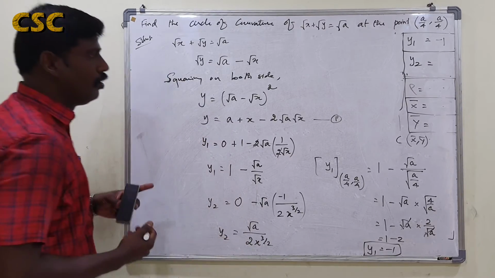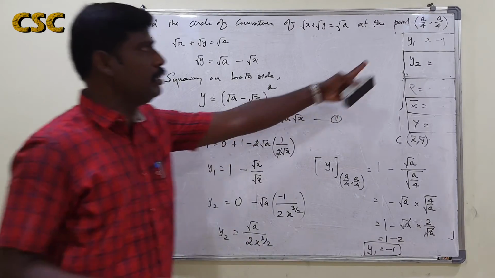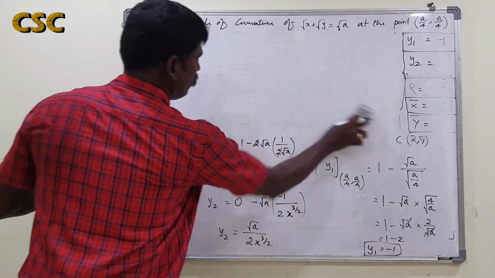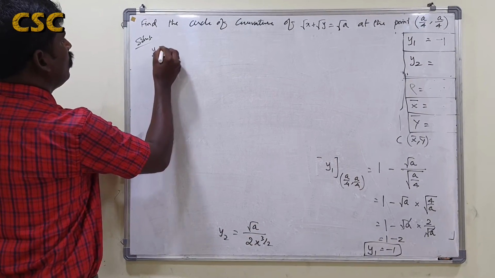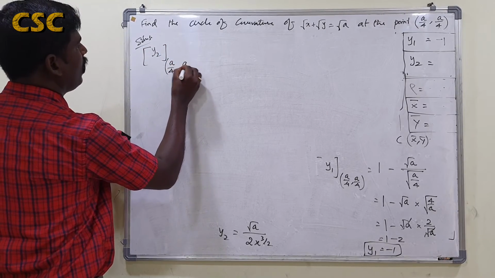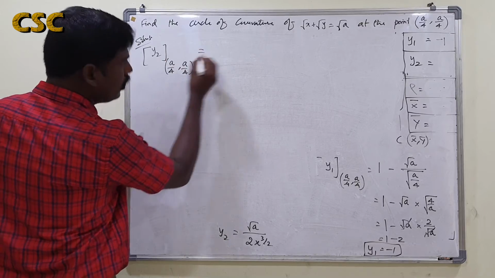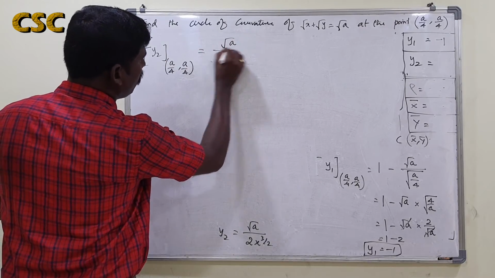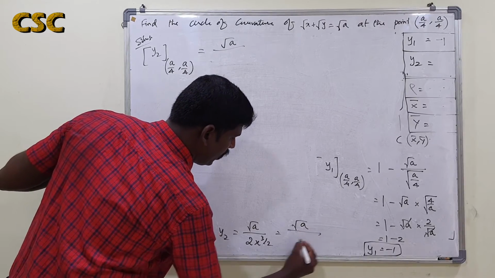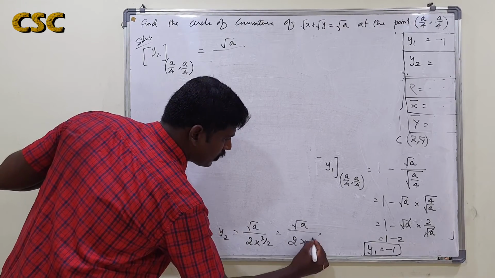Now we find the value of y2 at the point a by 4 comma a by 4. It is root a by 2 into x power 3 by 2, which can be written as x into root x.